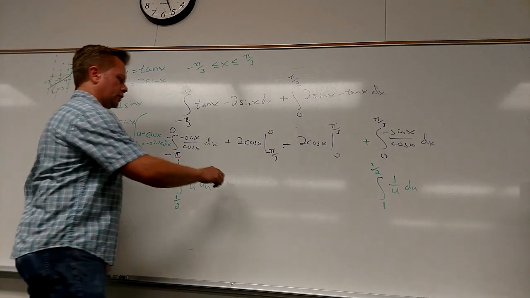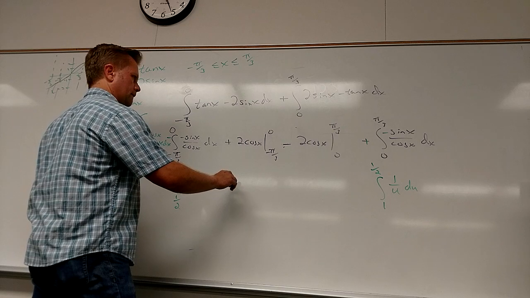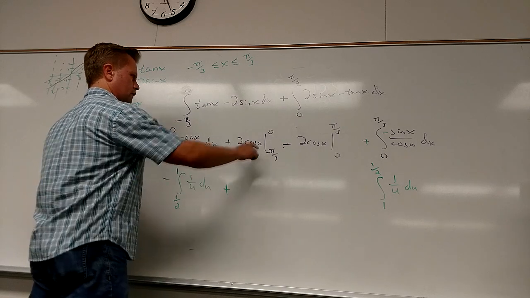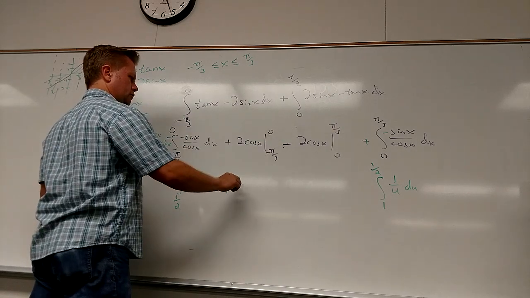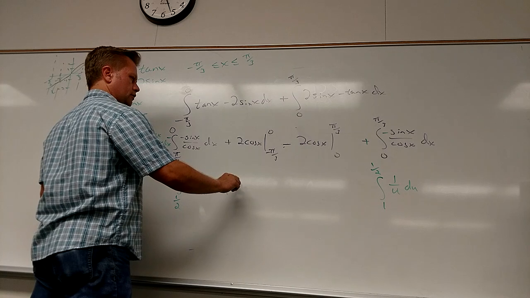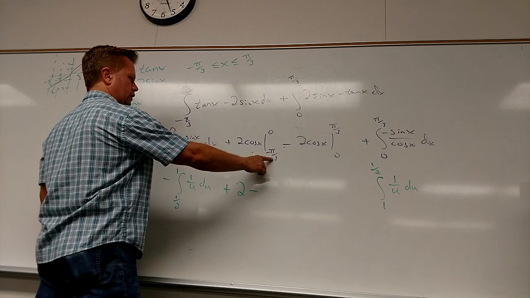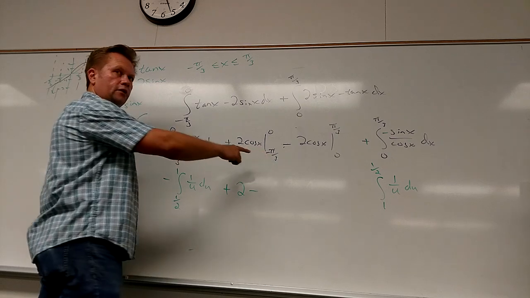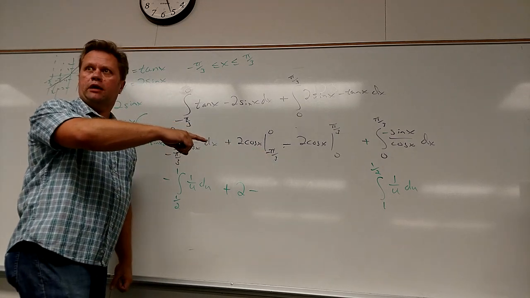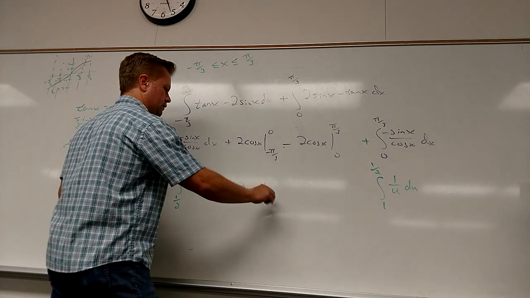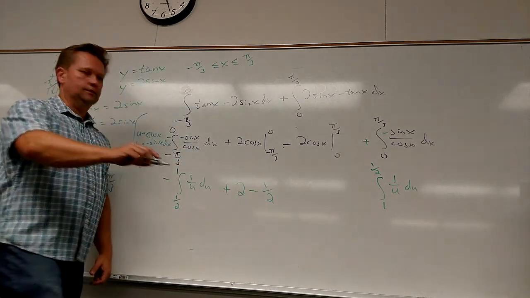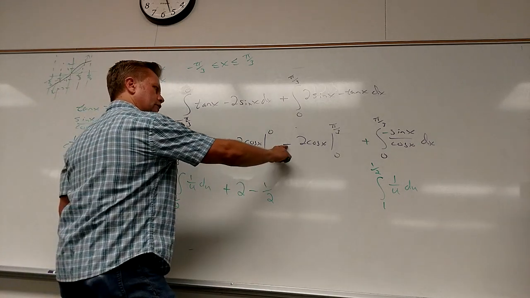What's happening in the middle here? Let's do that real quick. 2 cosine 0, 2, minus 2 cosine negative pi over 3. We've done that enough to know that that's 1/2, is that cool? It kind of sucks when there's a minus, you got to remember.